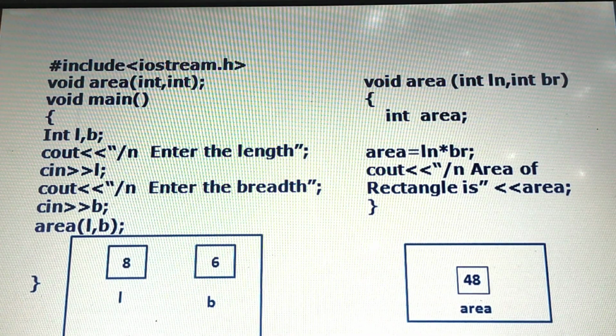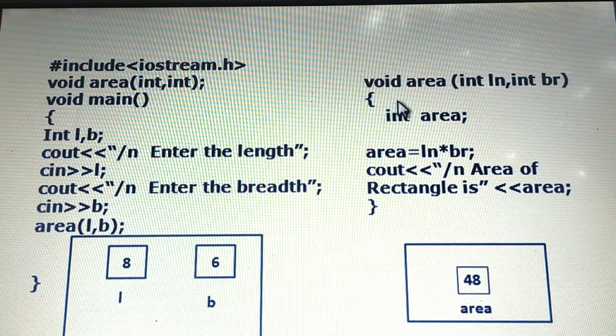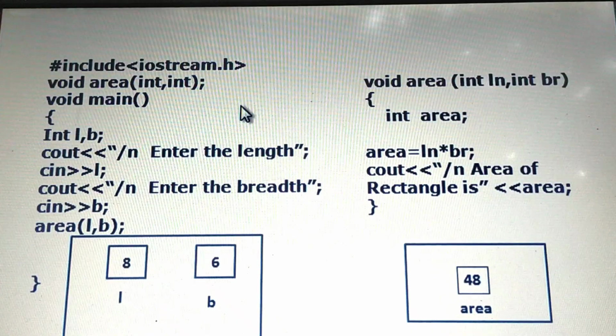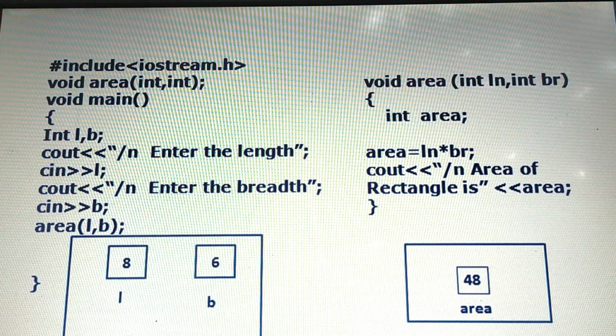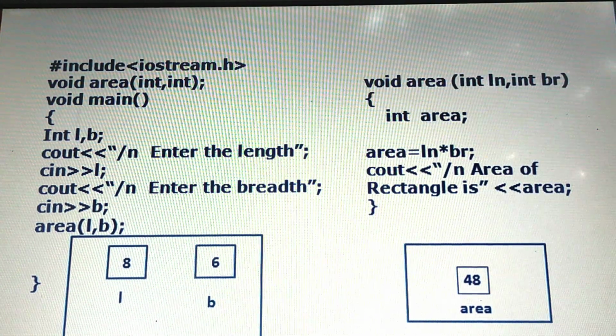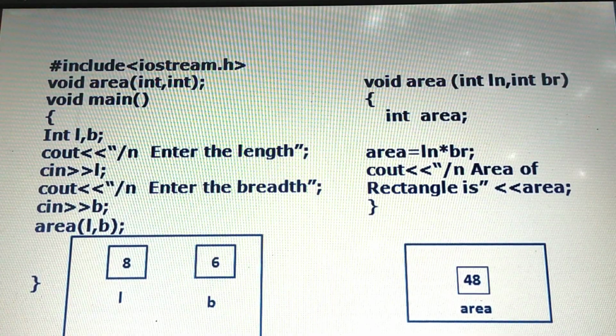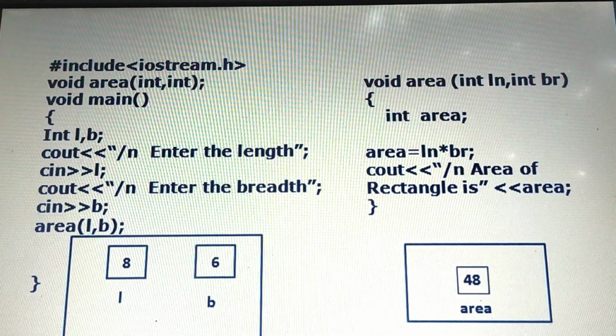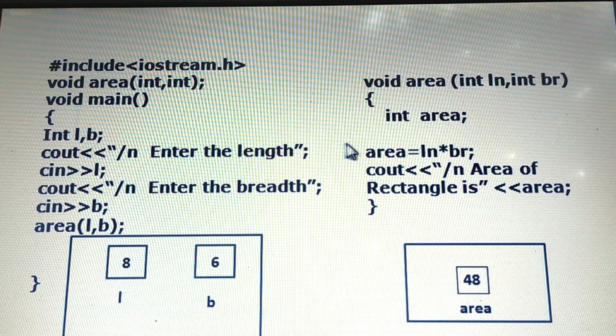At that time the compiler will search the defining section and the declaring section, and it will match whether the return type is matched or not, whether the function name is matched or not, whether the parameter list is matched, whether the order of the parameter list is matched, and whether the number of parameters is equal or not. Everything it will check. This argument list is passed to the function definition.